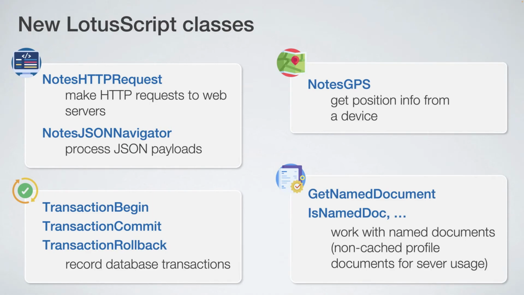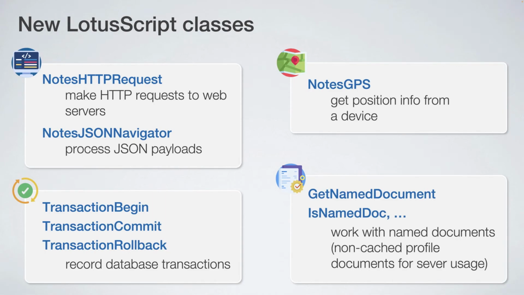In version 12, we added transaction support. So if you, as a LotusScript developer, need to process a set of instructions, all or nothing, so it should not end in the middle in a non-consistent state, you can pack it into a transaction and finish with commit and rollback, as we know from other programming languages.